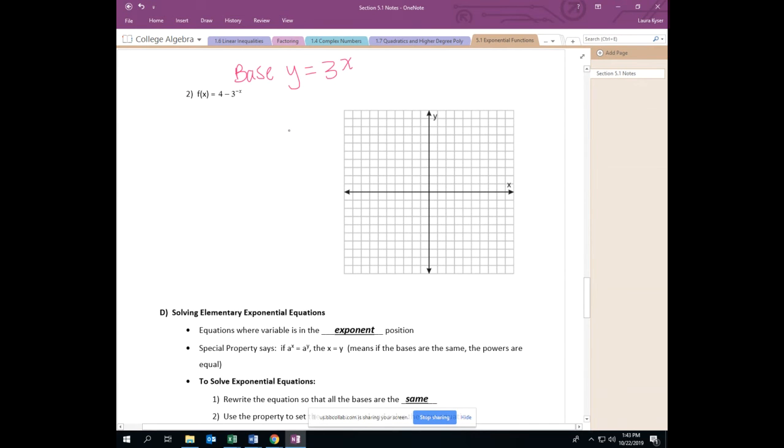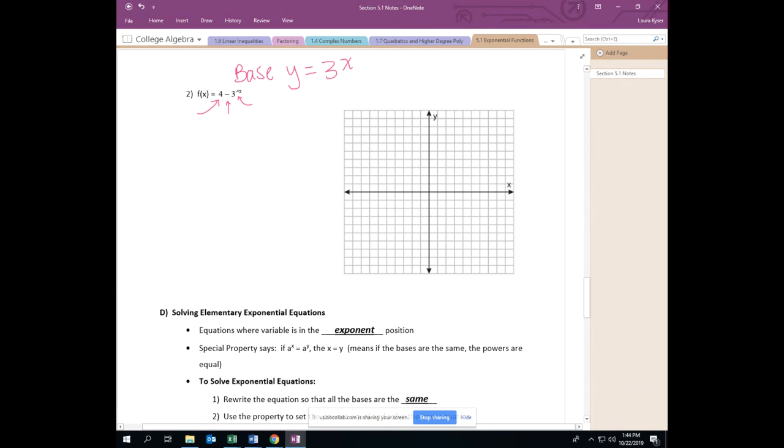Now we need to determine what kinds of things have been added in here. And this time 3 different pieces have been added. We have a 4 added in. It's a positive 4, not in the exponent, but down at the bottom. We have a negative in front of the 3, and we have a negative in the exponent.